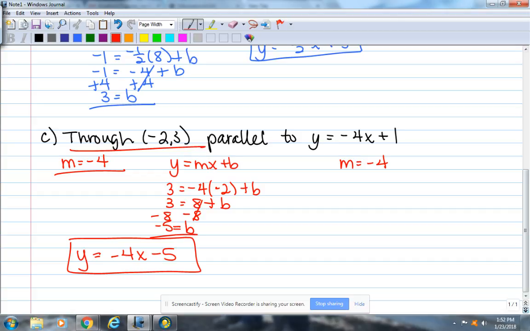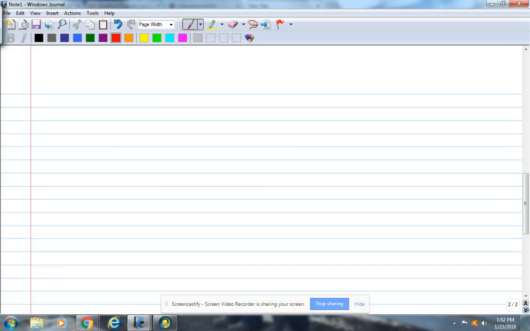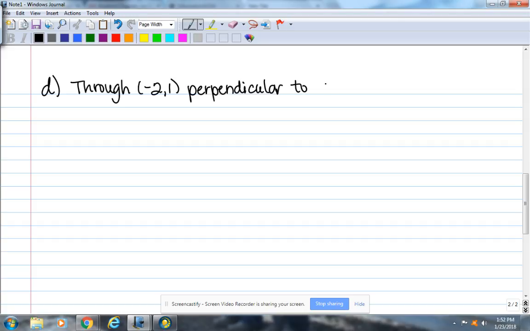Well, what do you think we're going to do now? Perpendicular. Yes, we are. So this time we want to go through (-2, 1), and we want to be perpendicular to the line y equals 1/3 x plus 10.